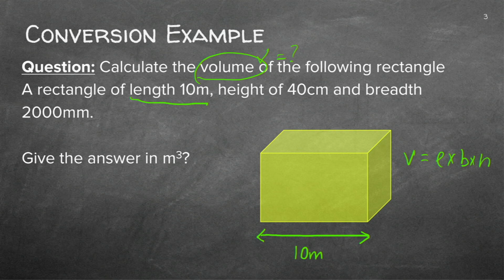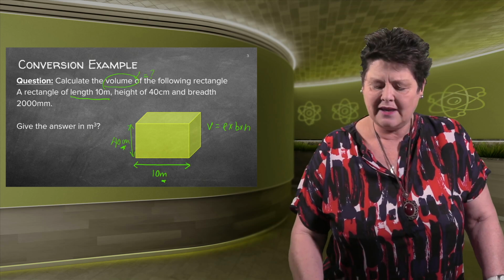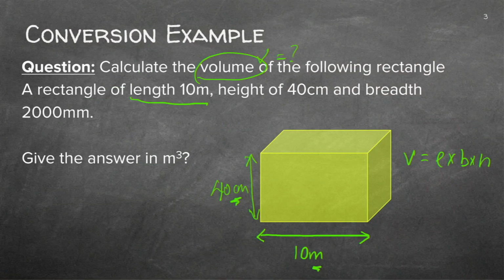They secondly tell me I've got the height. So the height of this rectangle is 40 centimeters. And immediately you can see I've got centimeters and I've got meters. So I have to convert them to the same unit. And to make it even worse, they're giving me the breadth in millimeters. So this side here is 2,000 millimeters.